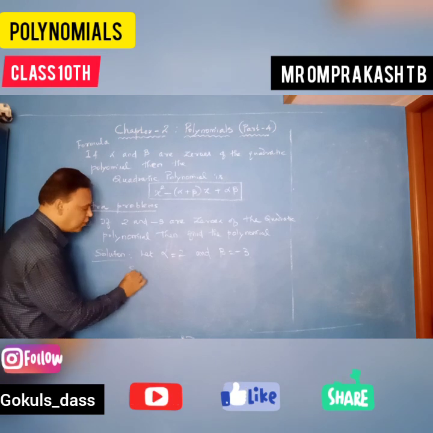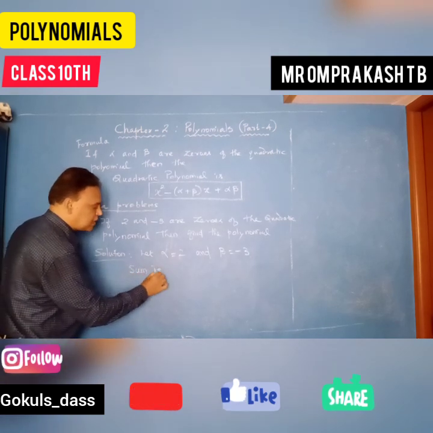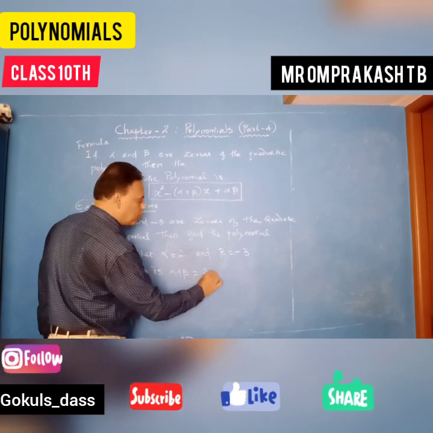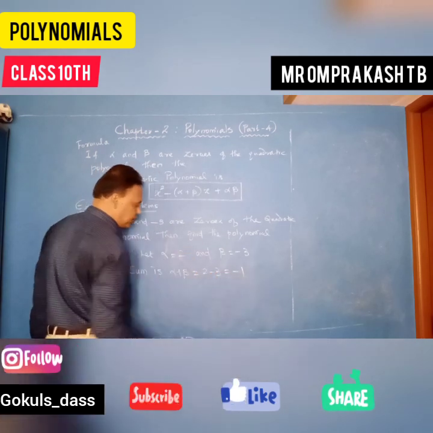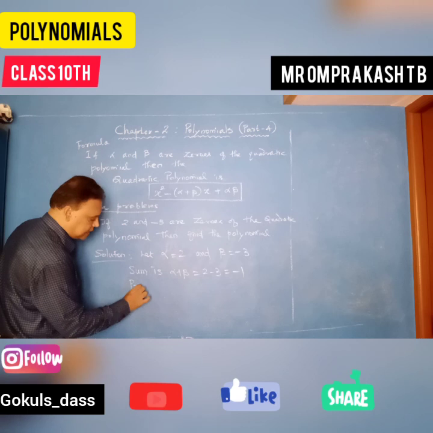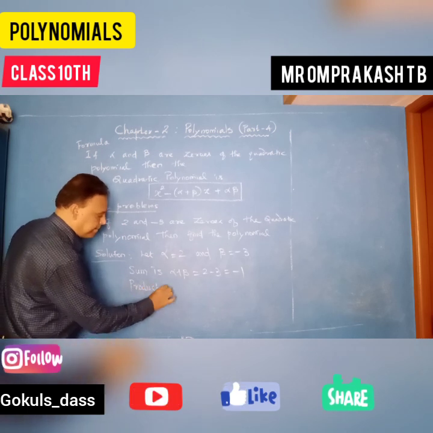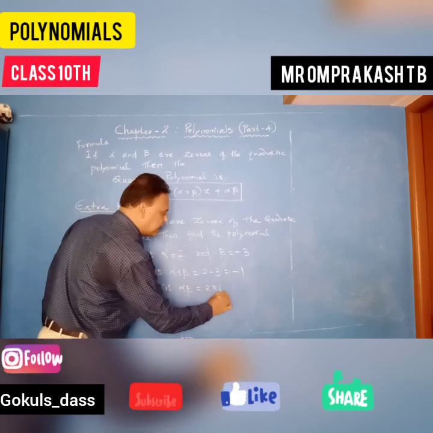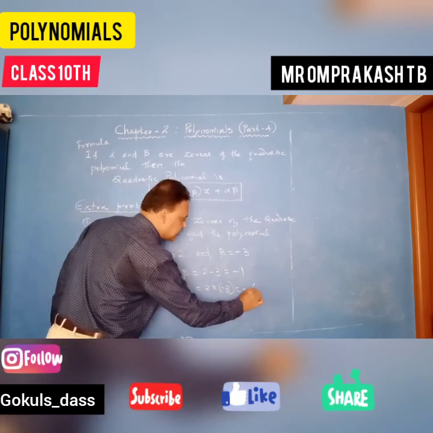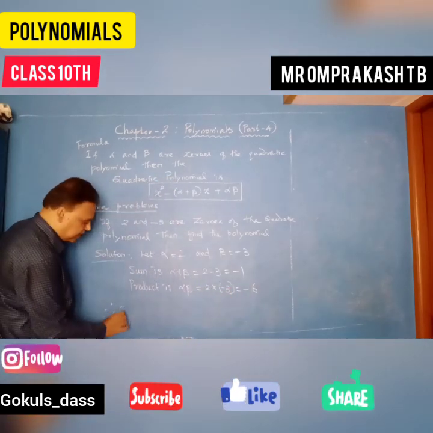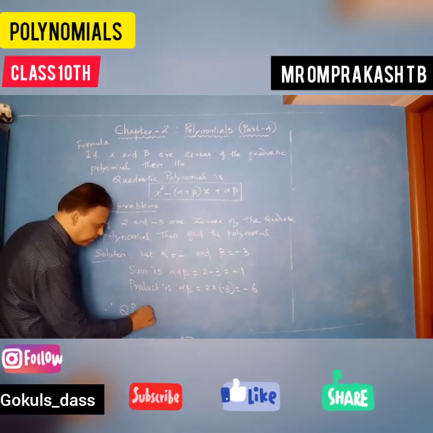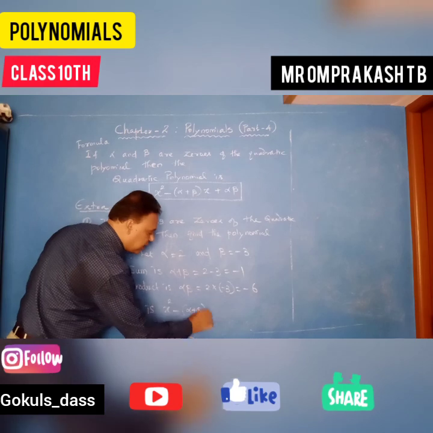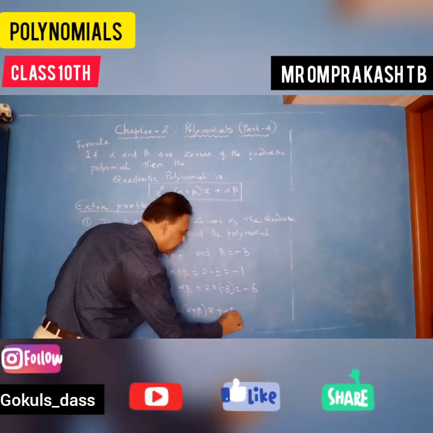Now find the sum. The sum alpha plus beta is equal to 2 minus 3, which is minus 1. Then the product alpha beta is 2 into minus 3, which is minus 6. Now you can write the polynomial: the quadratic polynomial is x squared minus (alpha plus beta) into x plus alpha beta.